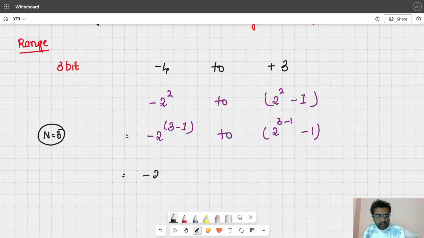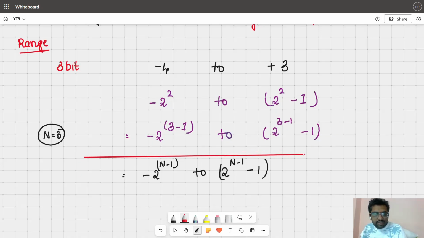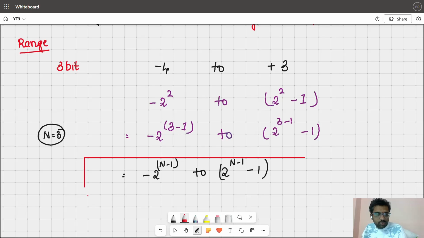So this is going to be minus 2 power n minus 1 to 2 power n minus 1 minus 1. This is the range for n-bit representation in 2's complement equivalent, which is quite different from our two above cases.